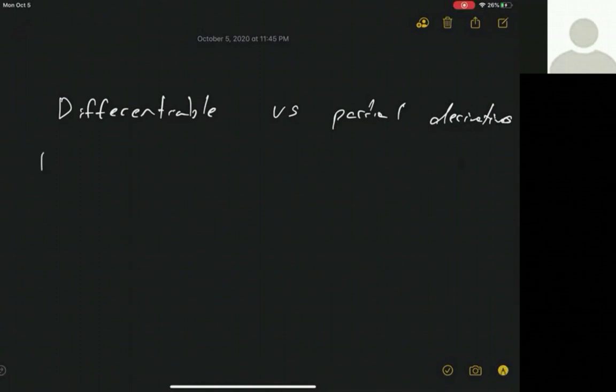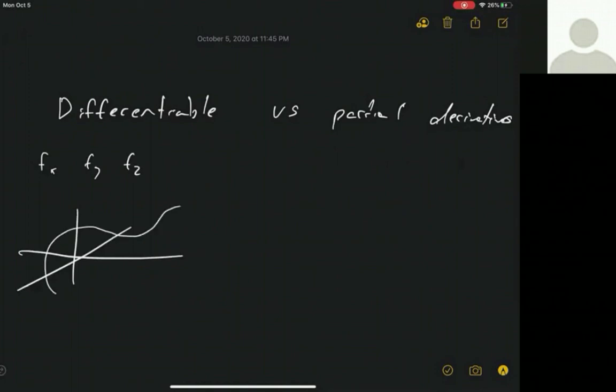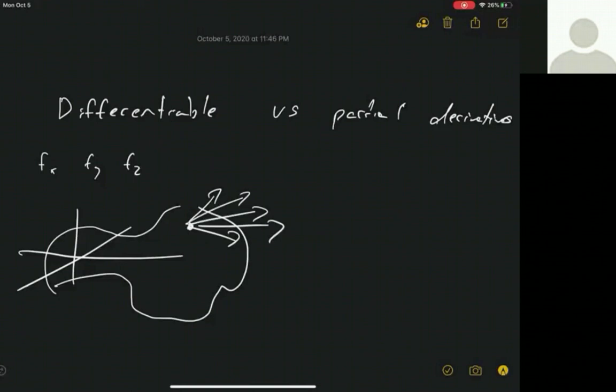We're saying, yeah, those derivatives exist, but also, let's say I have this surface here. If partial derivatives exist at that point, yeah, these derivatives exist. But if my function's differentiable, then that means all the derivatives in between also exist.